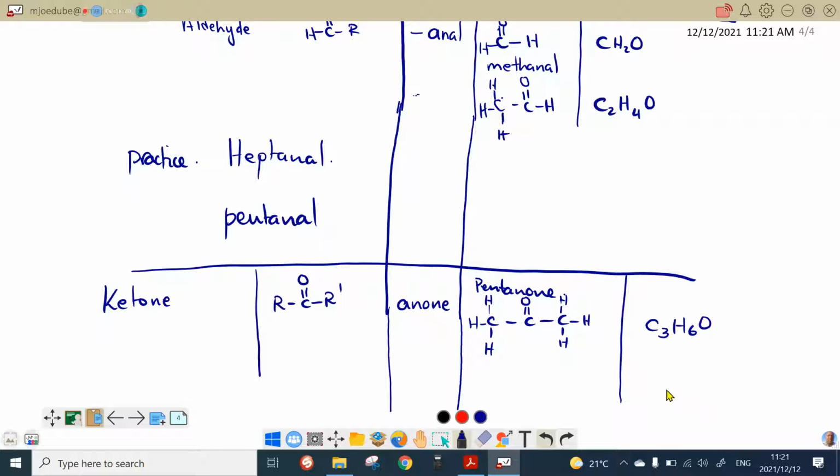So you can give us the formula. This is not pentanone, this is propanone. Apologies. This is propanone. What I drew, I ended up drawing propanone.